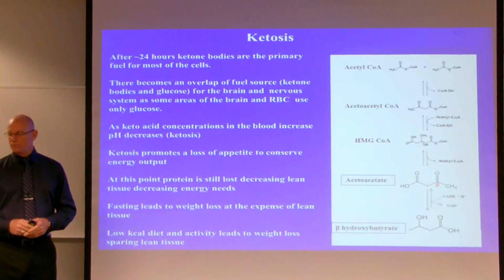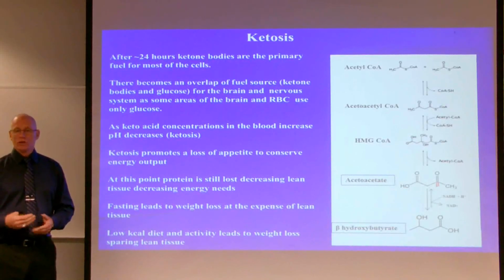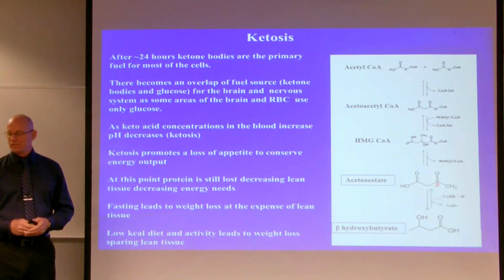So then fasting leads to weight loss at the expense of lean tissue. You start losing muscle tissue, and in a prolonged state, you'll start to lose tissue from organs and structures. So a low kilocalorie diet and activity leads to weight loss, sparing lean tissues, and this is most favorable, and this is what we'll go over in the next lecture.